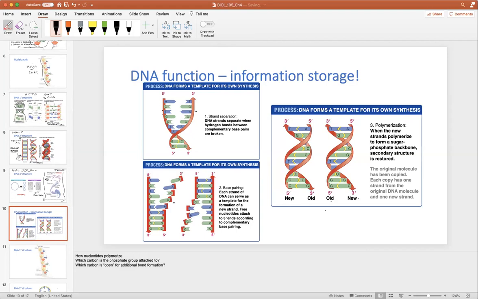Essentially, I'm going to draw it linearly.